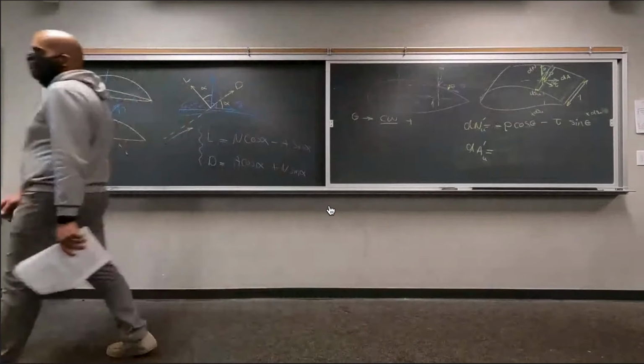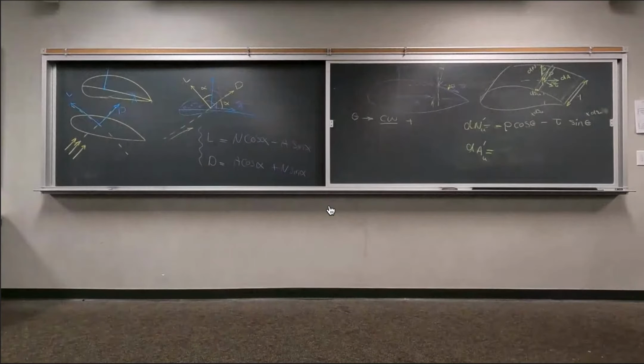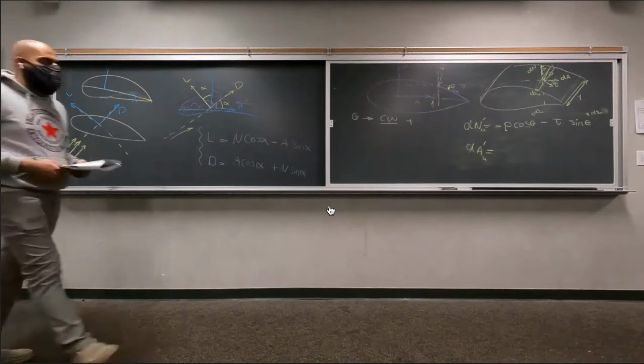But the idea was at the beginning, I assumed the depth of our wing is 1 meter, right? So I just removed the multiplication by 1, right? So essentially it didn't change it. And whenever you are dealing with something per unit length, you are assuming your depth is 1, right? That's the hidden assumption.